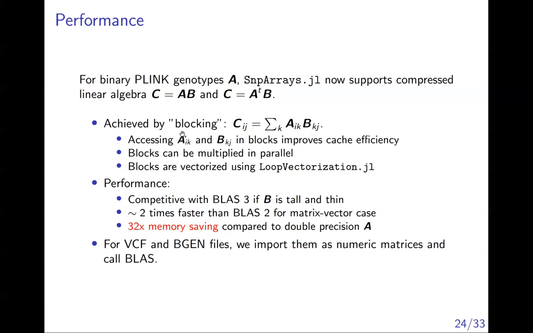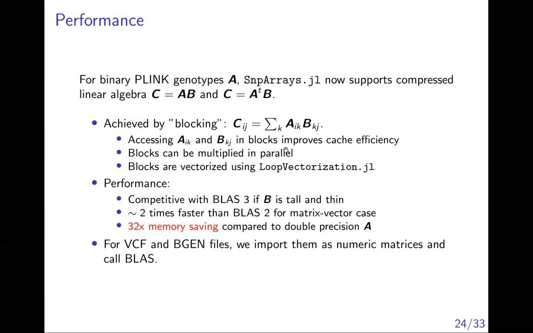And these blocks can be multiplied in parallel. And most importantly, each of these small products, we can vectorize using the LoopVectorization package in Julia. That will basically call SIMD on this product, and this is actually the most significant speed gain from this entire thing.